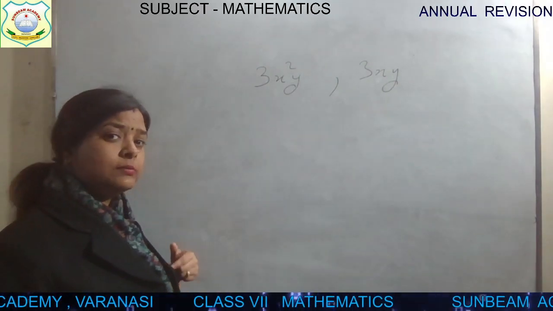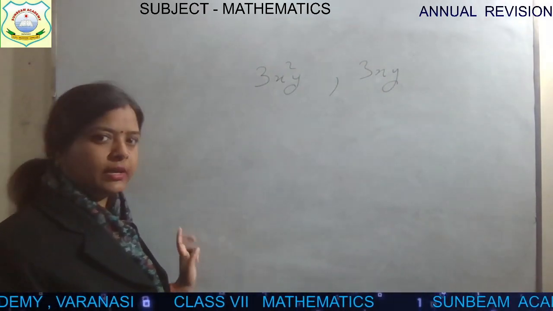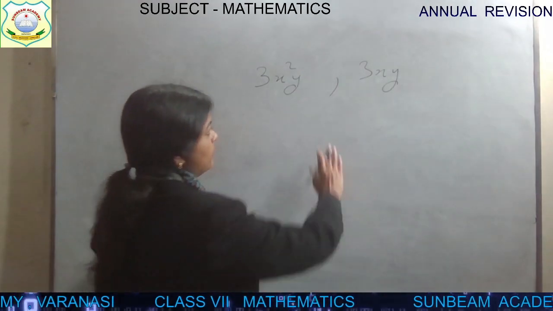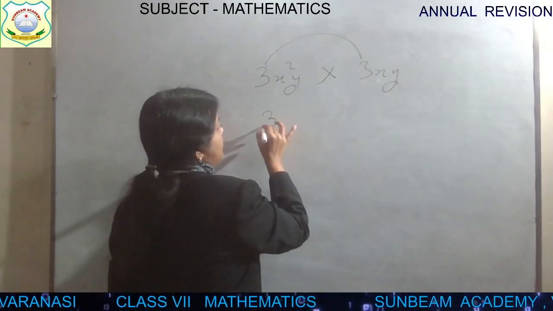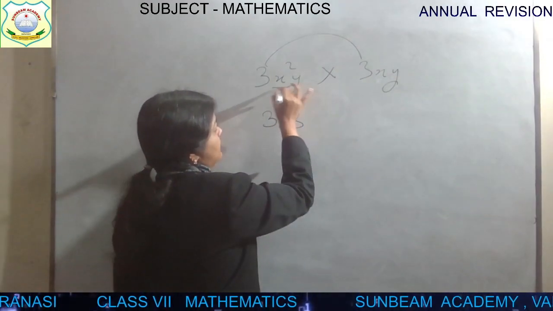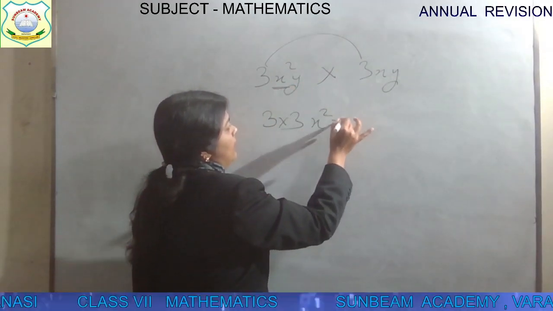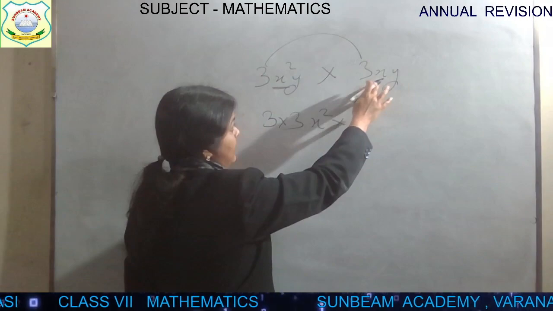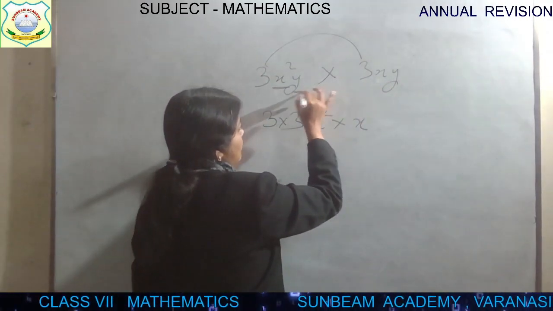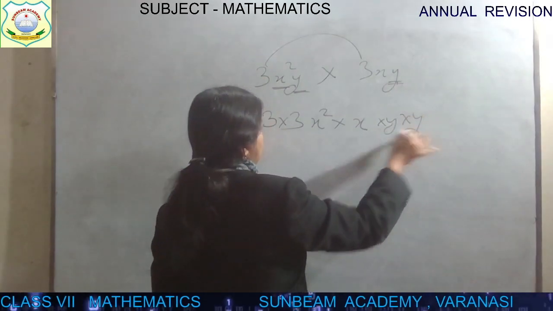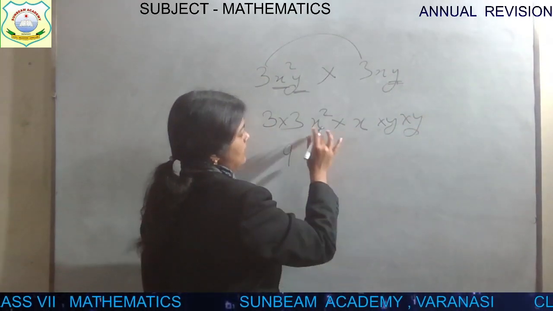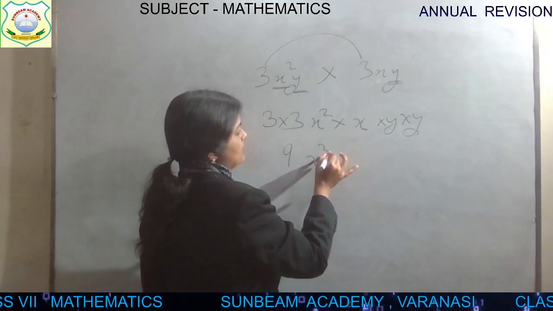But if it comes to multiplication, then we can do it, children. How can you do it? You just multiply them, multiply number with number, 3 into 3, then the variable x square will multiply with x, and then y will multiply with this y. So 3 3s are 9, x square into x will become x to the power 3.